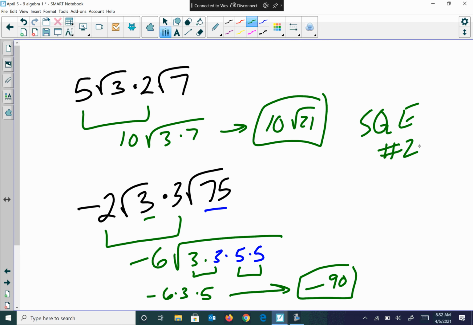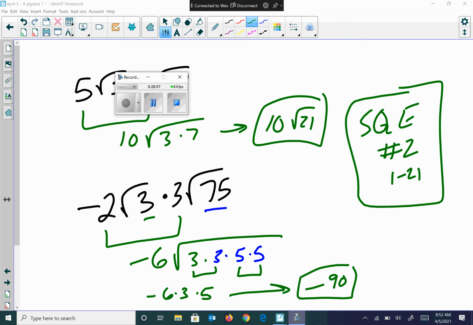I would like us to do 1 through 21. Now, if you do not have that page, ask your neighbor if you can take a picture of that page on a cell phone. You can use this paper here to write down. But let's get a start on it. Questions for me? Can I stop my video now?